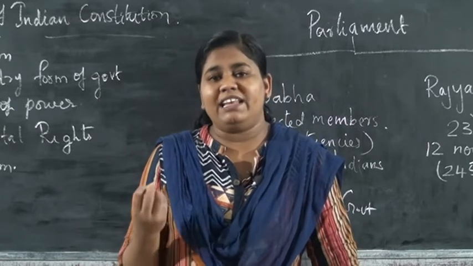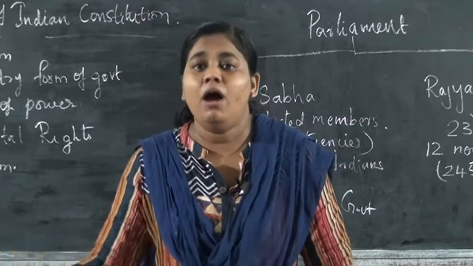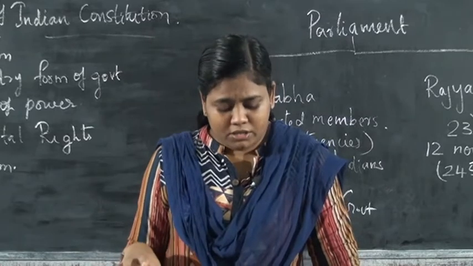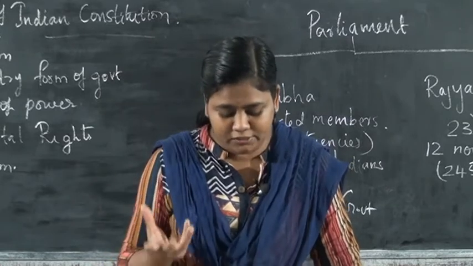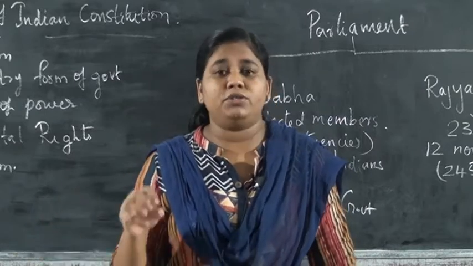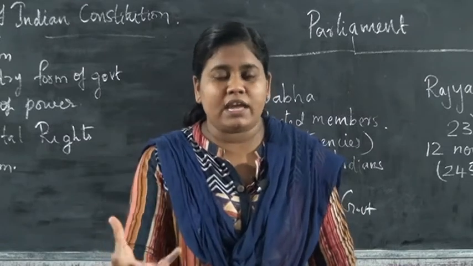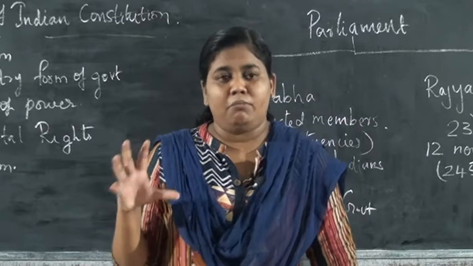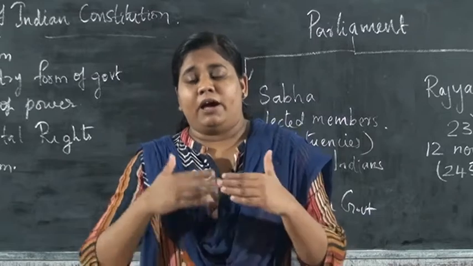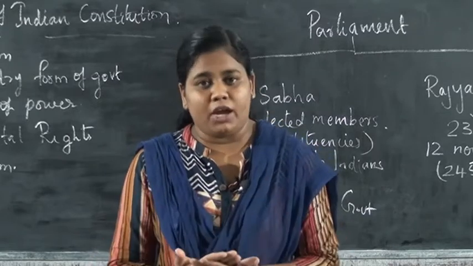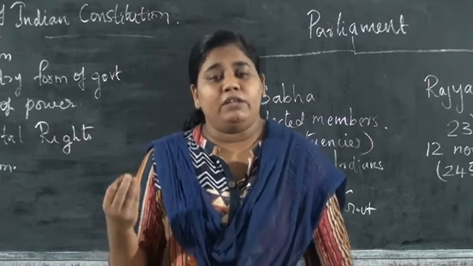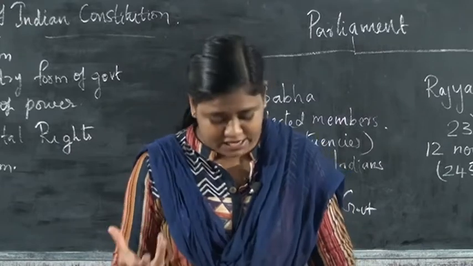They demanded some elected Indians, very few, to discuss, ask questions and discuss the budget. Have you seen the budget being presented in the parliament? So the Indian National Congress demanded in 1885 that India should have some representatives in the places where the budget is presented and questions are asked.